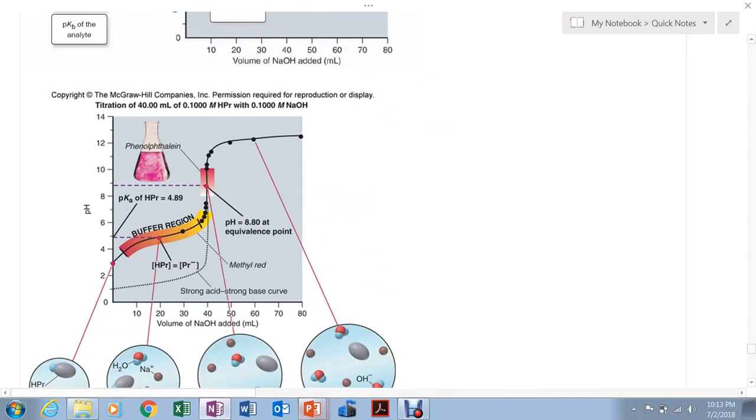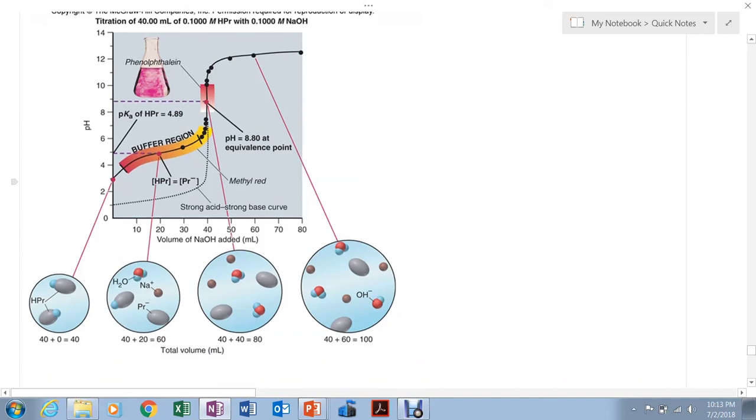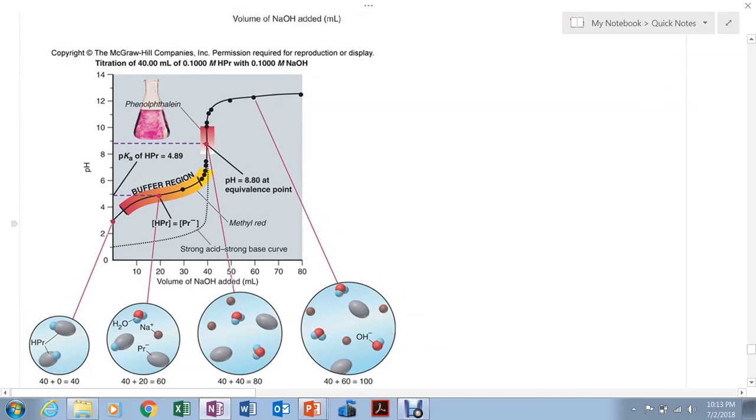It's not difficult, and if you look at the PowerPoints I posted, you see those are the ones. You see the pKa of the weak acid.